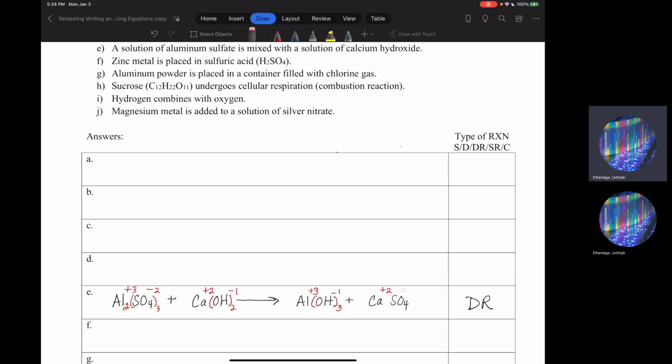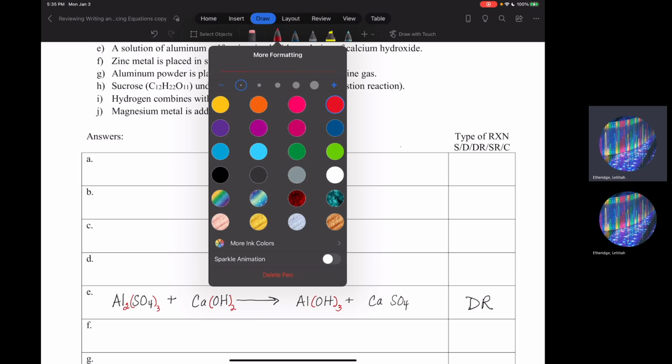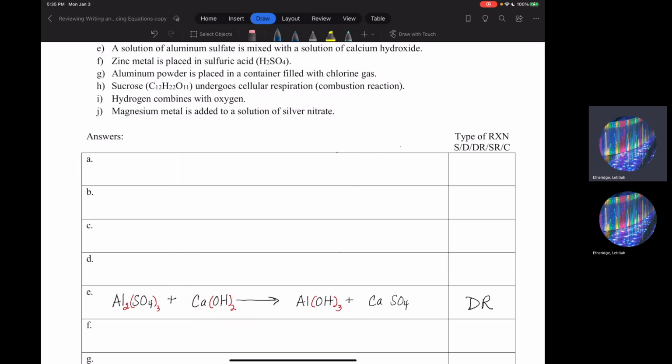Now that I no longer need the charges, I am going to get rid of them. Hopefully not get rid of the equation that I wrote too, because that would be a shame. All right, so now we are going to balance our equation. To balance our equation, we need to take a look at our problem. Remember, guys, this is another big rule that I said: when you see 3s and 2s, put 3s and 2s.